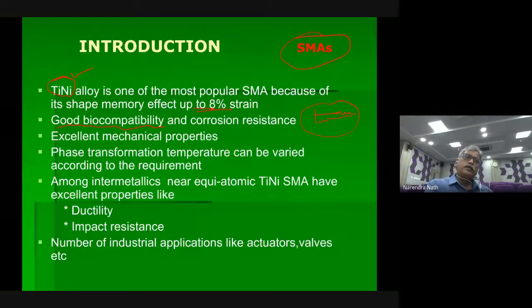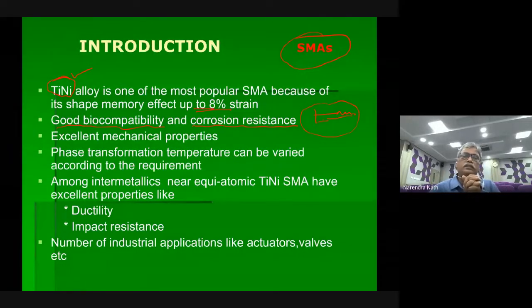Because we are using titanium nickel as a good biocompatible material, naturally it has very good corrosion resistance. It won't corrode so easily, so it has a very long life. As per the medical studies, whatever ion release there is in your body is well within the limit.